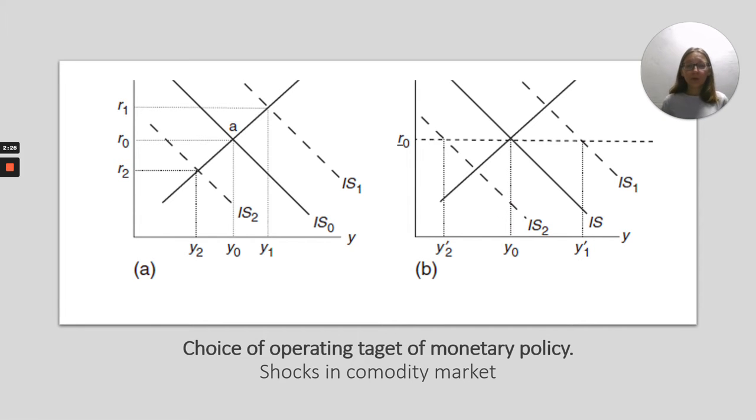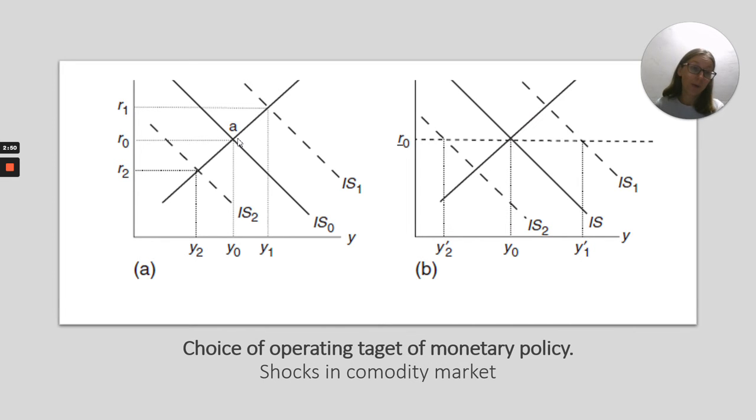So those two different graphs represent different outcomes depending on the operational target that is chosen by the central bank of a country. So in picture A, you see two possible commodity shocks indicated. They could be illustrated as a shift of the IS curve.